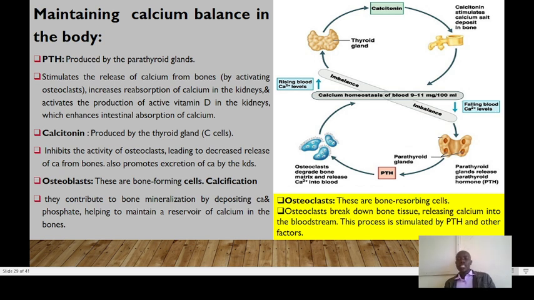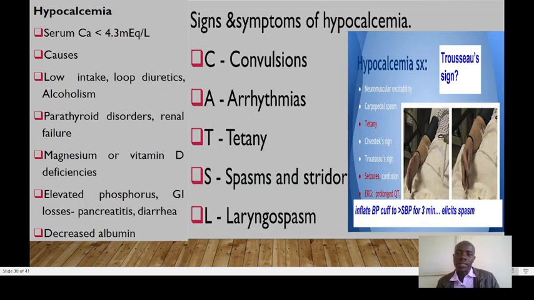In all this, you have to know the osteoblasts, which are bone forming and very important in calcification or mineralization, and osteoclasts, which are bone resorptive cells that break down bone tissue to release the calcium. These osteoclasts are related to PTH, whereas osteoblasts are related to calcitonin.